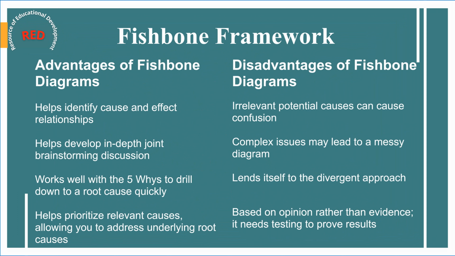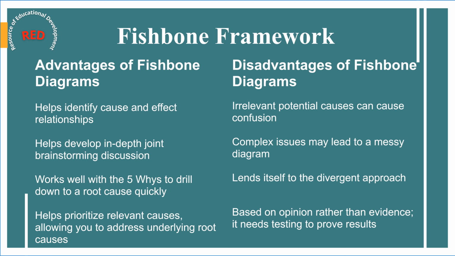Advantages of fishbone diagrams. Number 1. Helps identify cause and effect relationships. Number 2. Helps develop in-depth joint brainstorming discussion. Number 3. Works well with the 5 whys to drill down to a root cause quickly. Number 4. Helps prioritize relevant causes, allowing you to address underlying root causes.